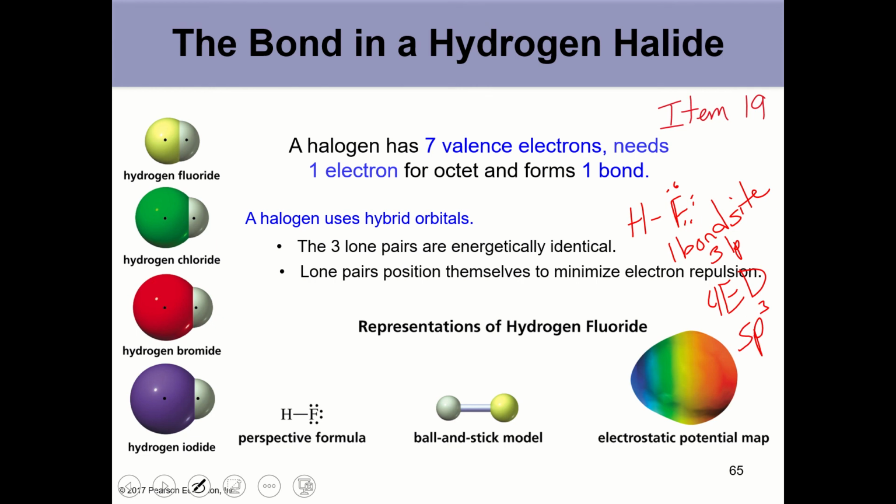This is what we called earlier a polar bond because of the large difference in electronegativity between fluorine and hydrogen. The difference is about 1.9, that is 4 minus 2.1, for the electronegativity values, or 2.2.